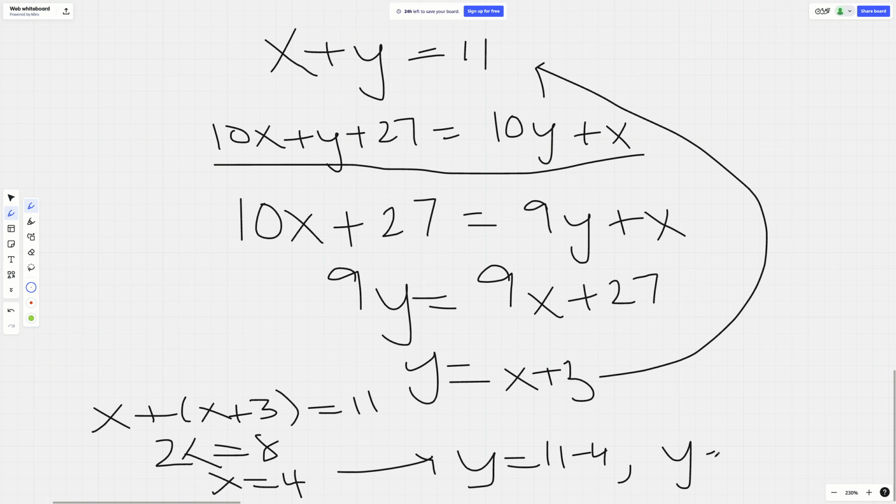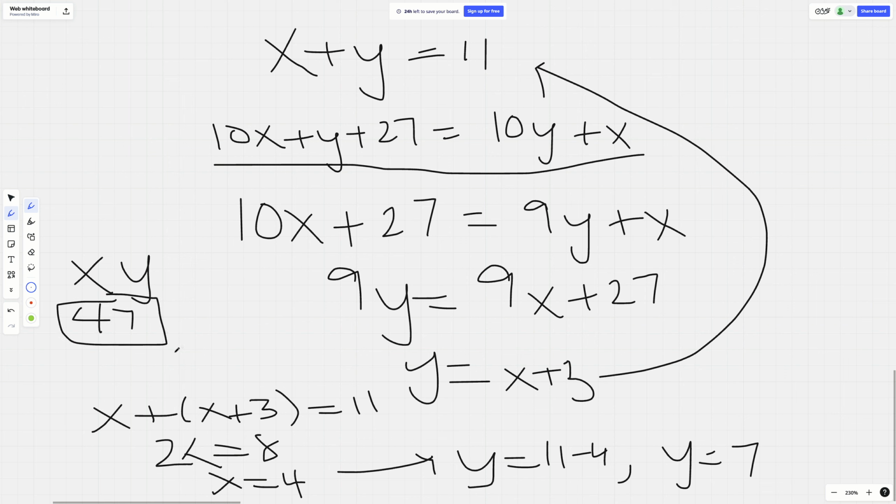or y would equal 7, and voila, we've got the two digit values themselves, and from there we can very easily plug that back in and formulate our actual original two-digit integer. Recall that our two-digit integer originally was xy, and so that would simply be 47.